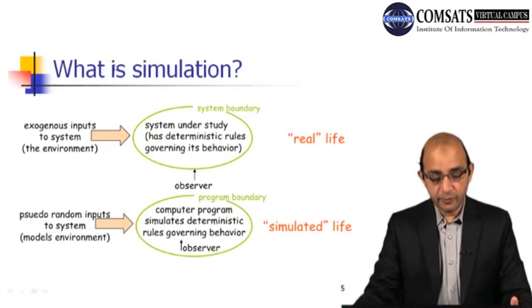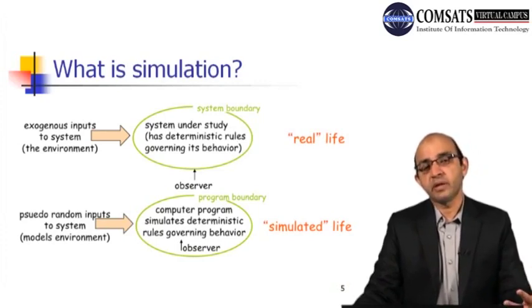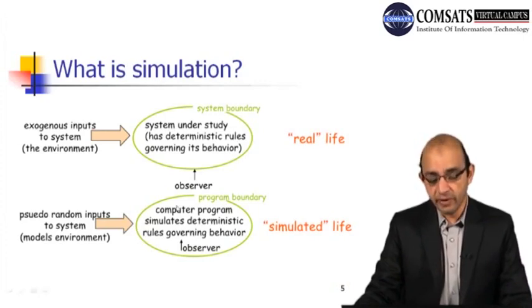Here we have mentioned the simulated environment. We have a computer program, and that computer program simulates deterministic rules governing behavior, and we are observing the behavior of the system.